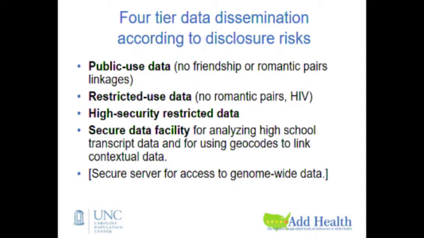We also have HIV results that are not part of the restricted use. You have to go one level higher to the higher security restricted use data. It's just a different context. You can only have the data on a standalone computer. It can't be linked to a network, and there are some other precautions. And if you want to analyze high school transcript data or use the geocodes to link, you have to go into a cold room that we have at UNC. And we have genome-wide data that we release on a secure server.